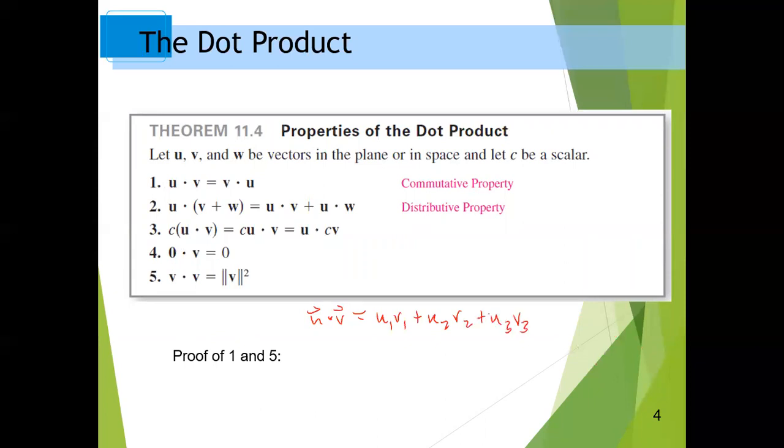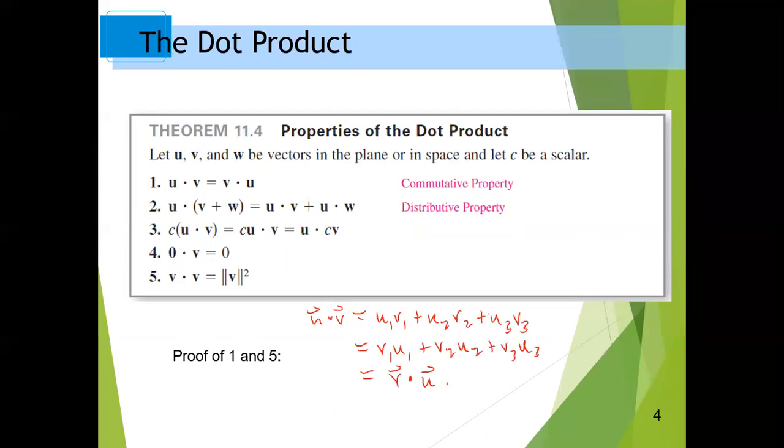I mean, I'm just doing the space vector situation. And maybe what I do is I just flip these around and I say, well, that's V1 U1 plus V2 U2 plus V3 U3. And that, my friends, is simply V dotted with U.